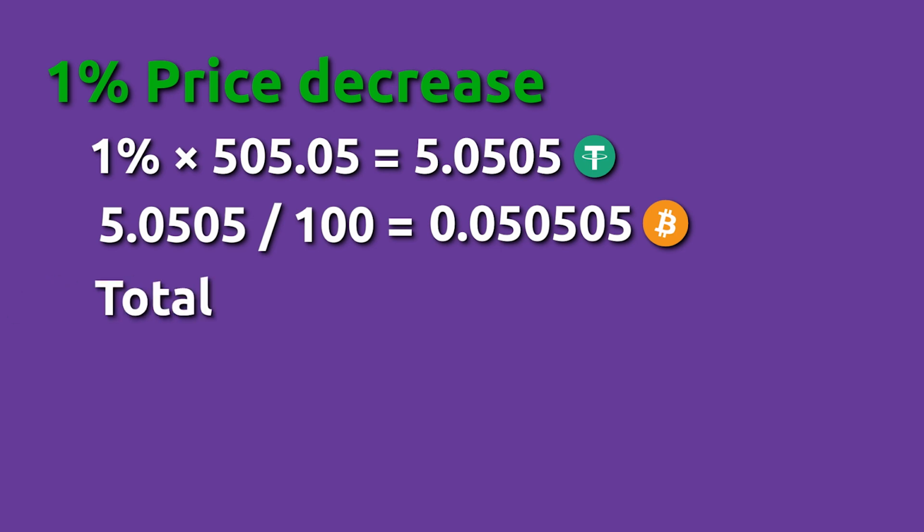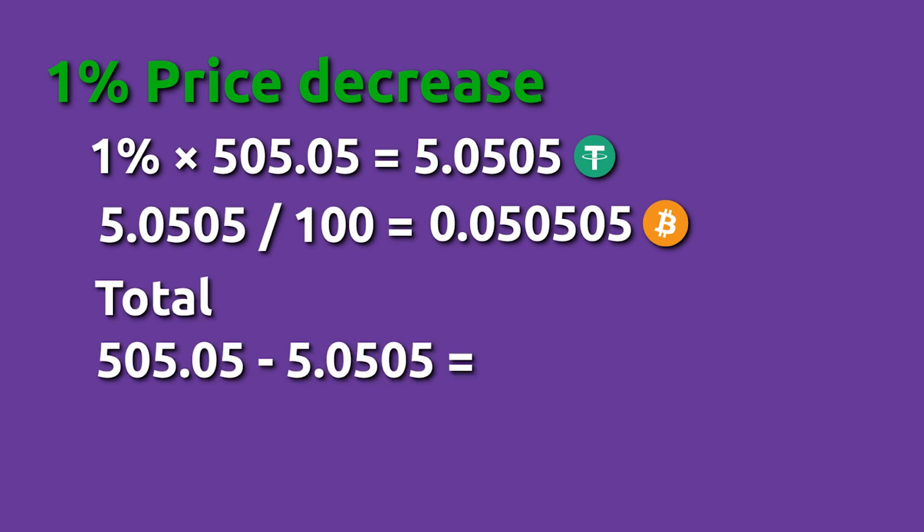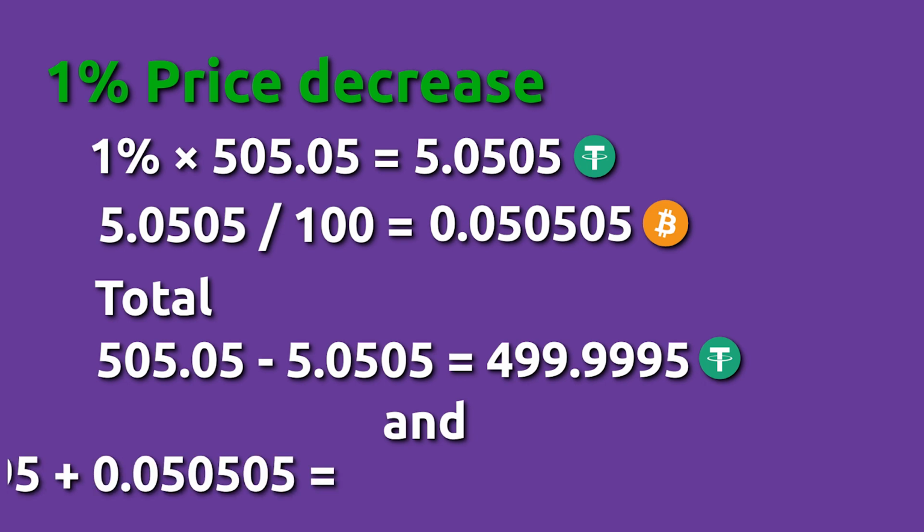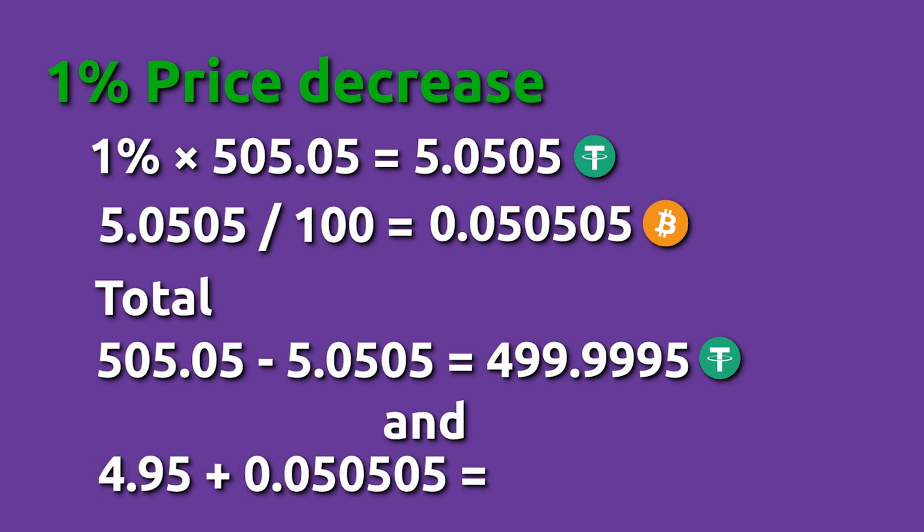So in total, we have therefore 505.05 minus 5.0505, that's equal to 499.9995 USDT, and 4.95 plus 0.050505, which is equal to 5.000505 BTC. I know that's a lot of 05s, but bear with me.